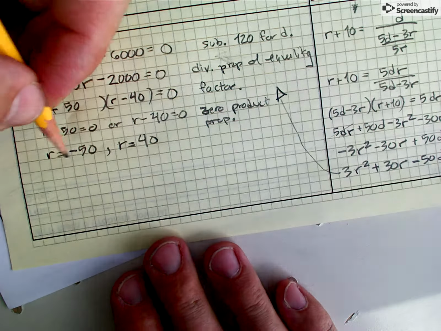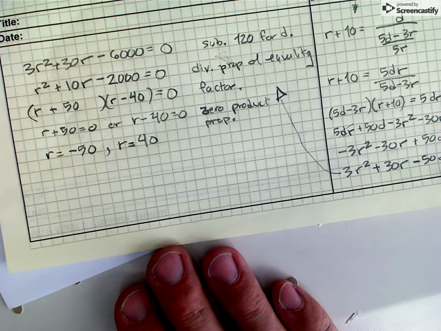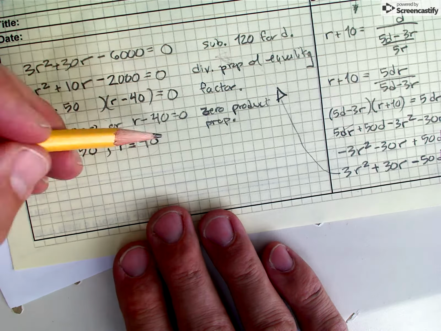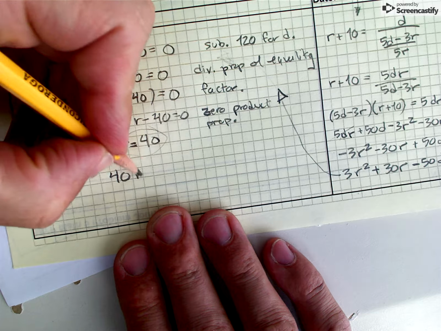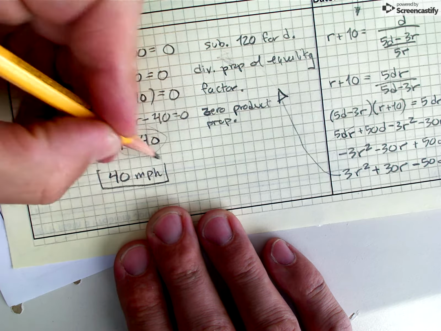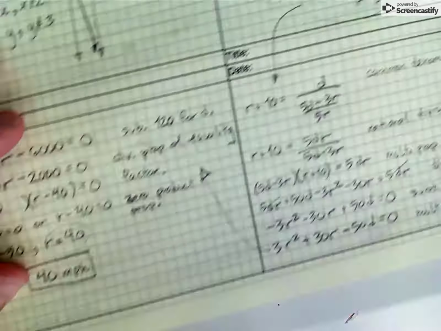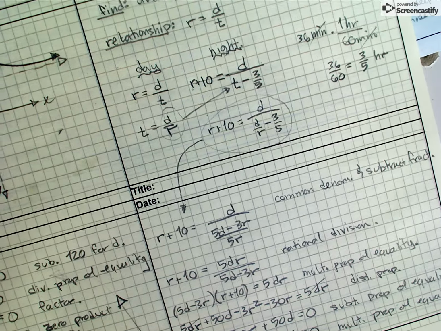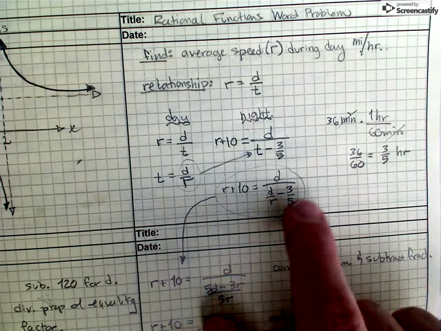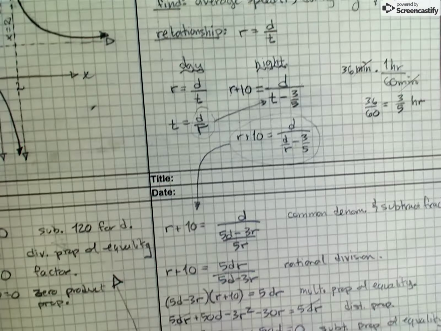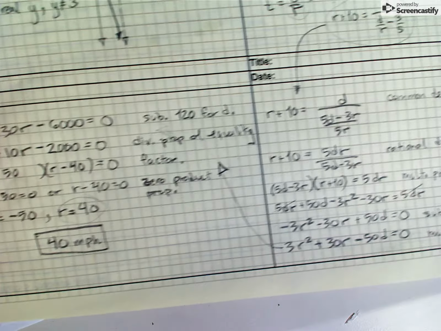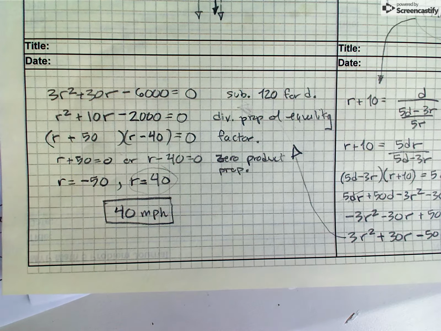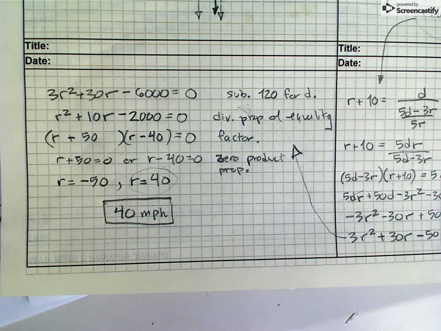And there are 2 solutions, and in this case, we just modeled speed as a positive number, so this is our solution, 40 miles per hour. And probably the hardest part conceptually is coming up with this equation, and then it's just a lot of bookkeeping in order to solve it, as we showed in this video. And that's our solution.